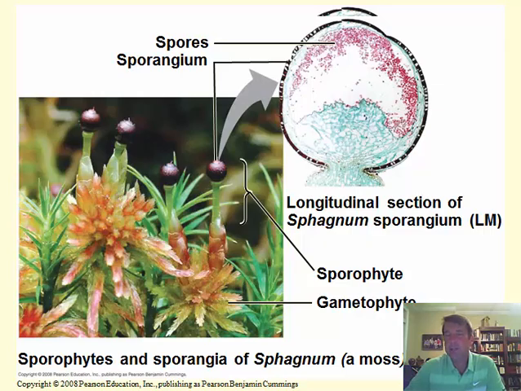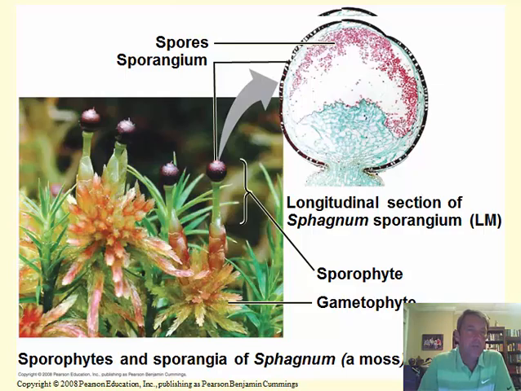It's a moss, and it has both the gametophyte and then the sporophyte growing off of it. And then at the top of the sporophyte is where the sporangium is, and that is where spores are produced. Spores are the haploid generation that will be released from the plant. And so those are produced here, and that is a characteristic of plants.